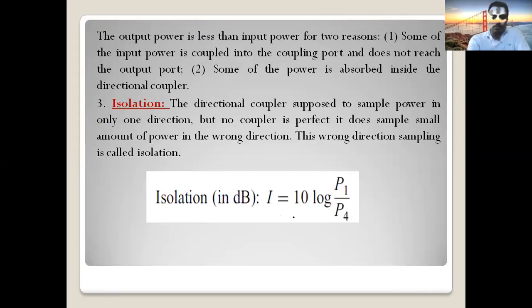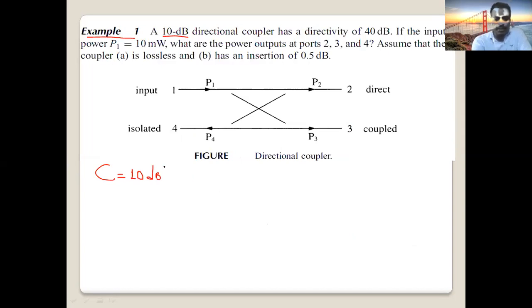Okay. So in this example, how much is C? 10 dB. Our coupler is a 10 dB directional coupler. So here, how much is the input power? P1 is equal to 10 milliwatt. We apply a signal with 10 milliwatt power as input.